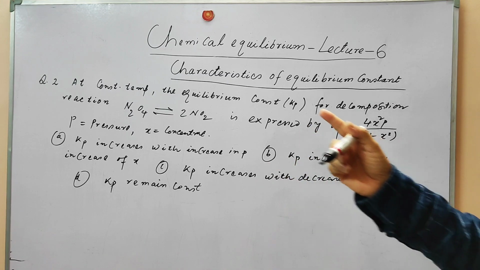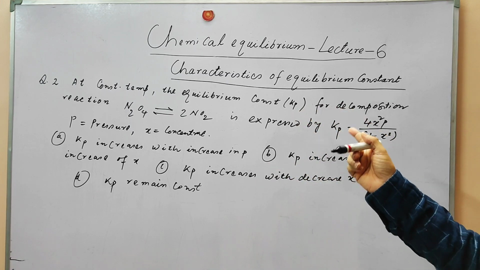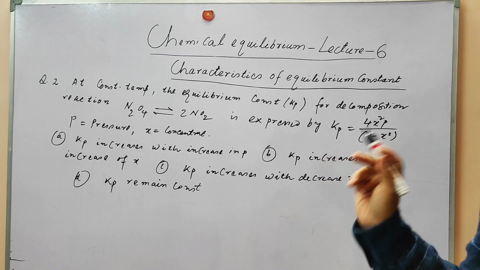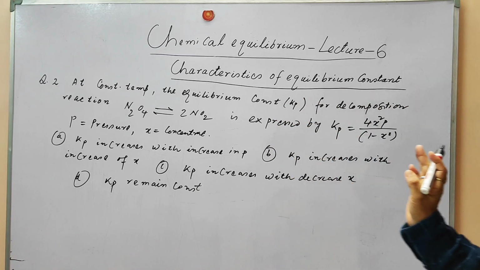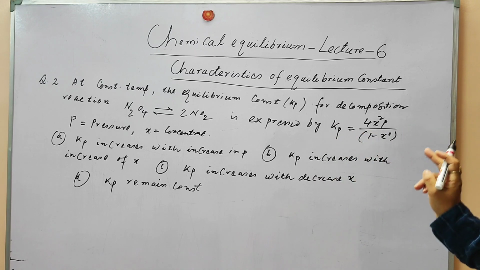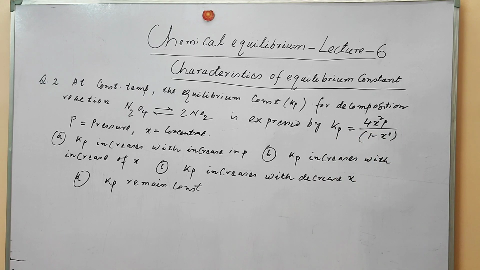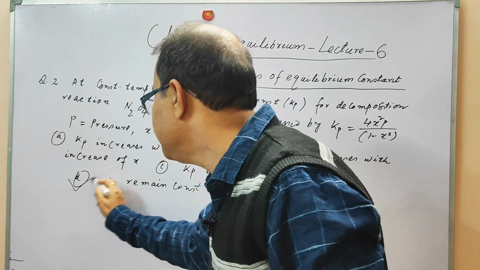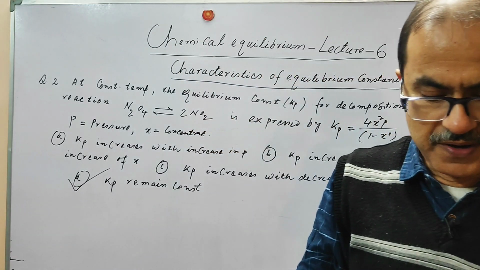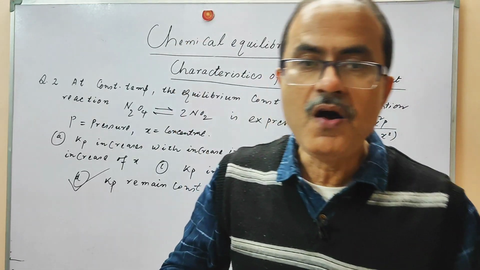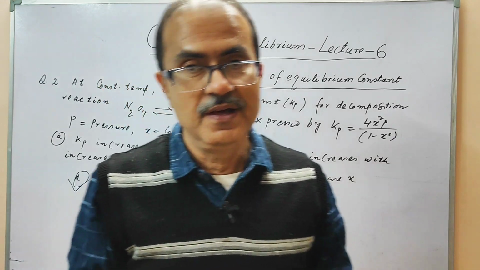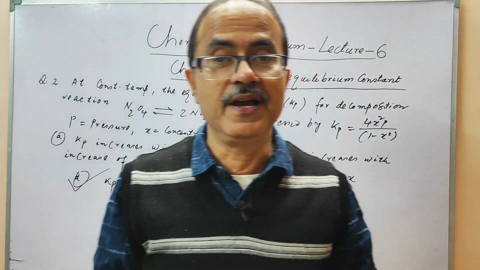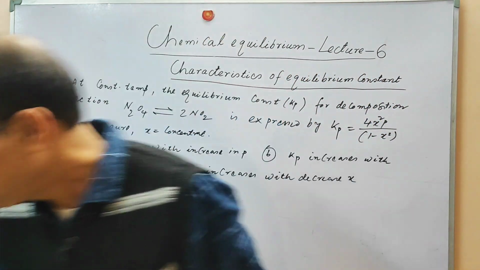So here, Kp increases with P is not a correct statement. Kp increases with the increase of X is also not correct, and Kp increases with the decrease of X is also not correct. The correct answer is Kp remains constant. Okay, so you can understand how questions regarding the characteristics of equilibrium may come.